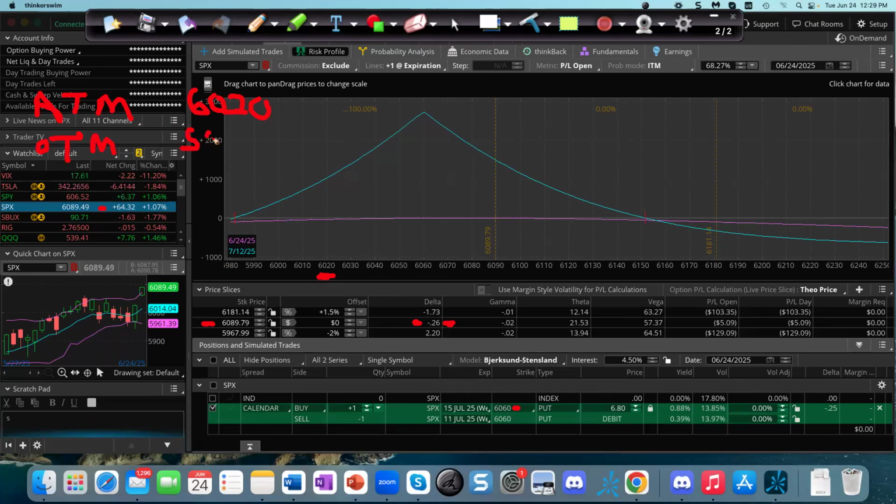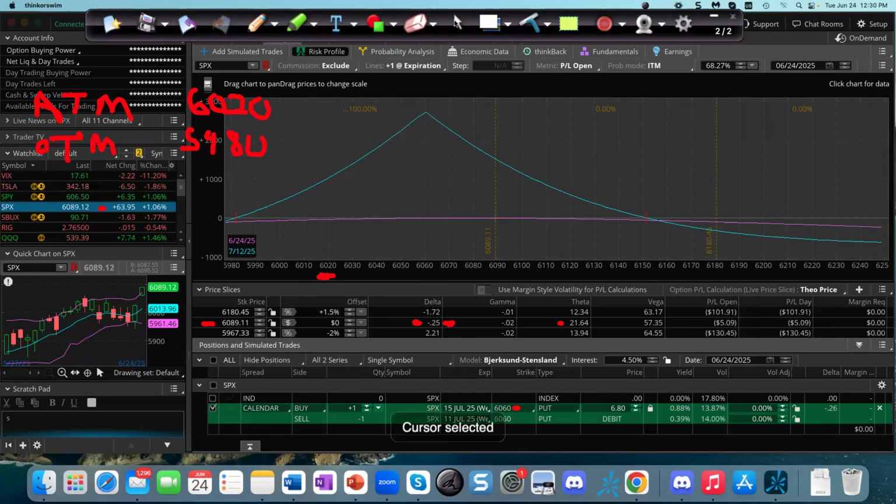So I basically gave myself a head start to the downside. That means 40 points more room to the downside. And if we go up, I'm nice positive theta and close to zero, right?